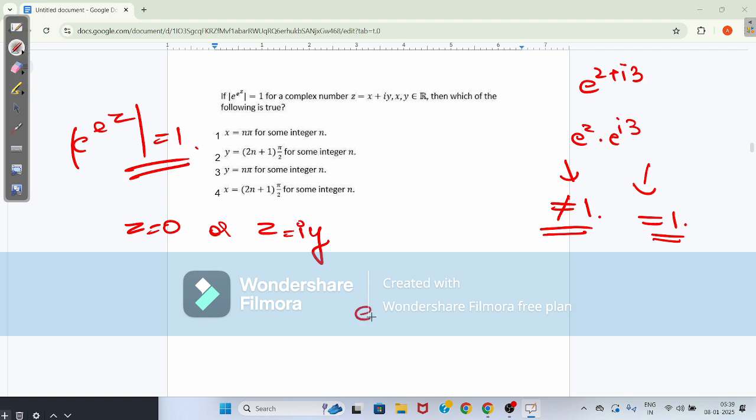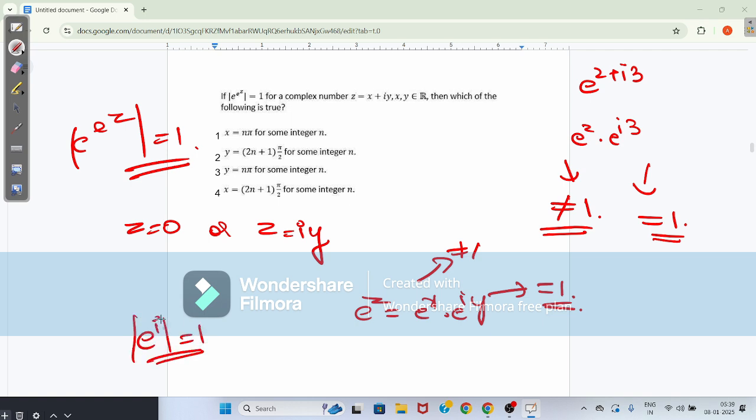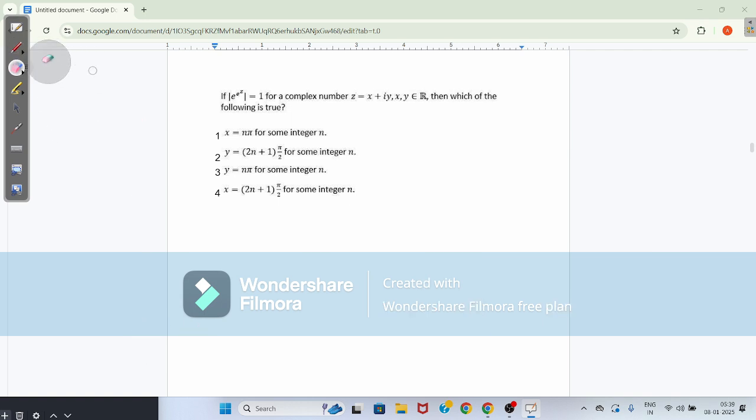So consider e power z equals e power x into e power iy. The value of the x term is not equal to 1, and the value of the y term is always equal to 1. So we have to consider e power i equal to 1. So what is the value of e power z, equal to e power x into e power iy? This is the real term, and this is the imaginary term.